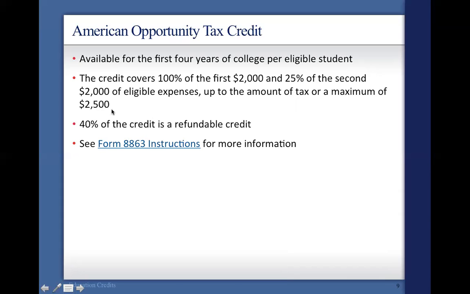On Tuesday, we talked about the difference between a refundable credit and a non-refundable credit. Remember that a refundable credit means that you can take this money, apply it, and get some type of refund. A non-refundable credit is just something that you are going to lower your tax bill with, okay?